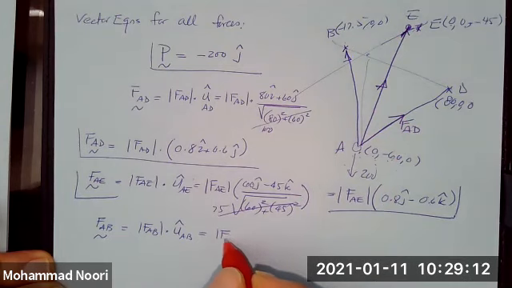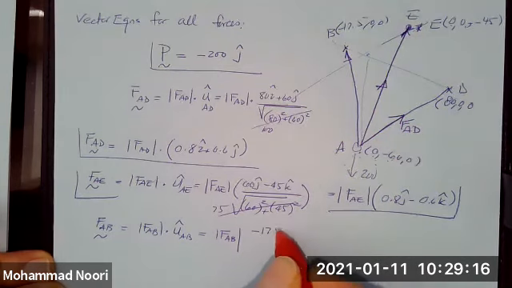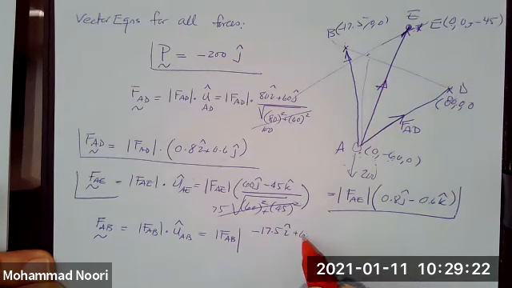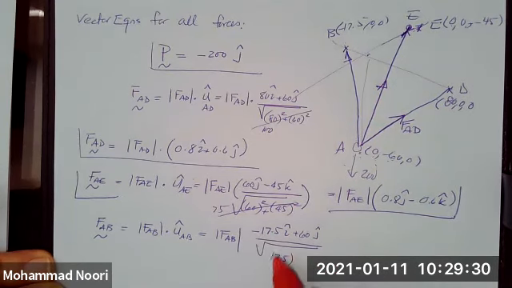So that would be FAB, negative 17.5 I plus 60 J, and that's it, divided by the square root of 17.5 squared plus 60 squared, and that is 62.5.